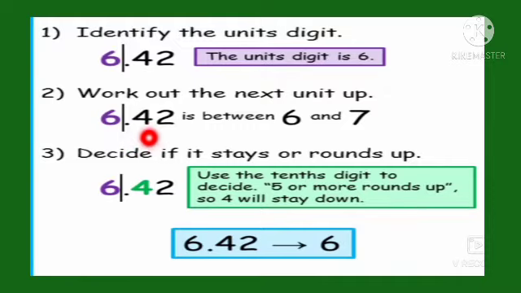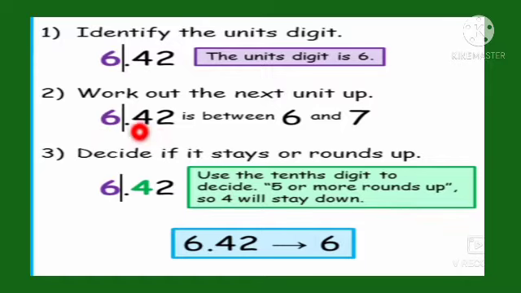noticed. Here we have to see whether the number after the underlined digit is less than 5 or greater than 5. If it is less than 5, we write down the underlined number as it is. It remains the same.